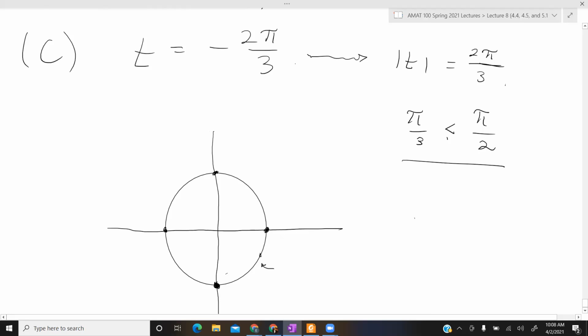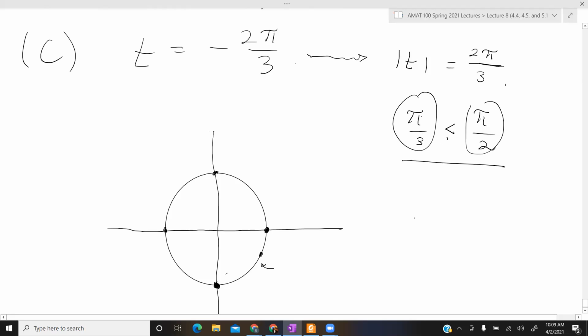What this says is that if you travel pi over 3, you should end up closer to the reference point because you're not traveling as far from it. This number tells you how far you traveled from the reference point.